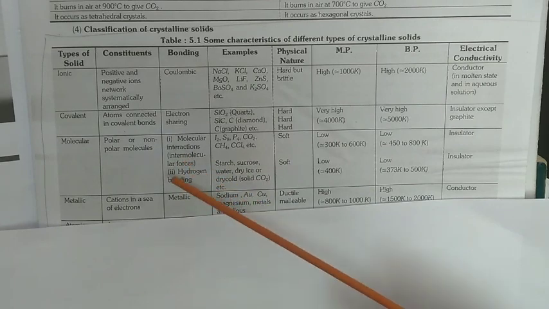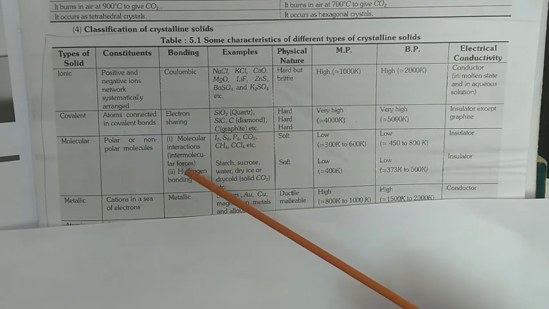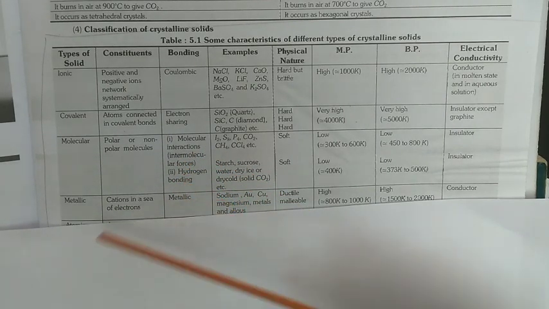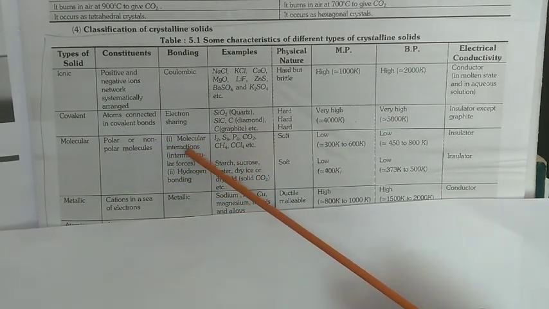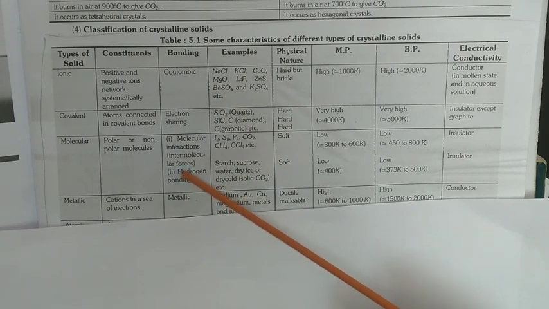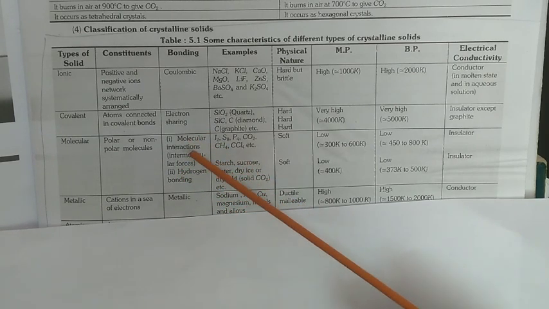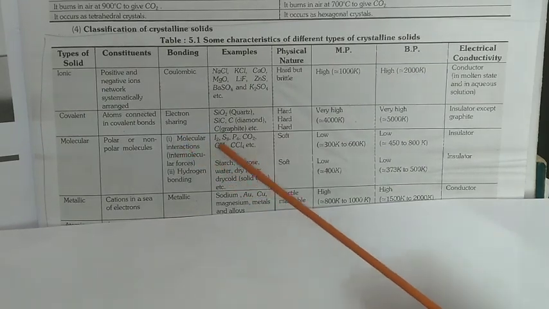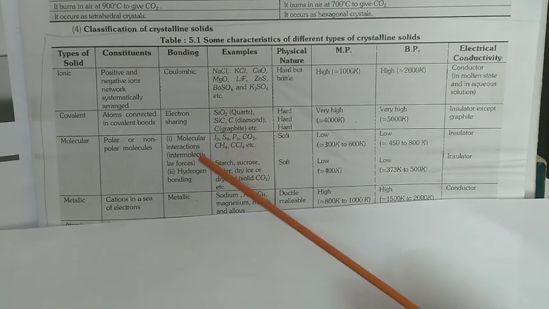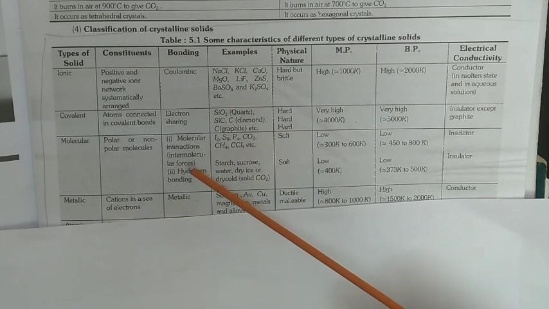Based on the nature of the constituent particle, if it is a polar molecule, then we call it a polar molecular solid. If it is non-polar in nature, then it is called a non-polar molecular solid. In polar molecular solids, the binding force present is dipole-dipole interaction.